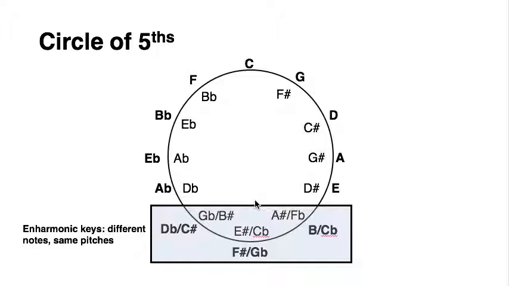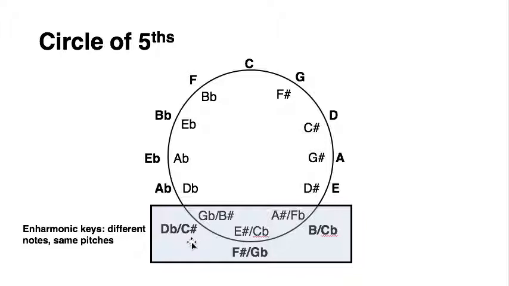One last remark. I've highlighted an area here of the circle of fifths where we have 2 different scales per spot, right? So these scales, or as we'll later learn to call them, keys, as well as the accidentals you see here, these are called enharmonic keys.